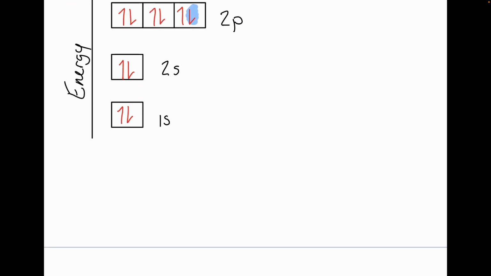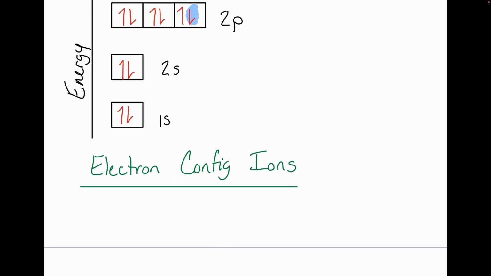All right, so electron configurations for ions. Importantly, as we just established, our anions, our negatively charged ions, they need to gain electrons. So then our positively charged ions, our cations, they're going to lose electrons.